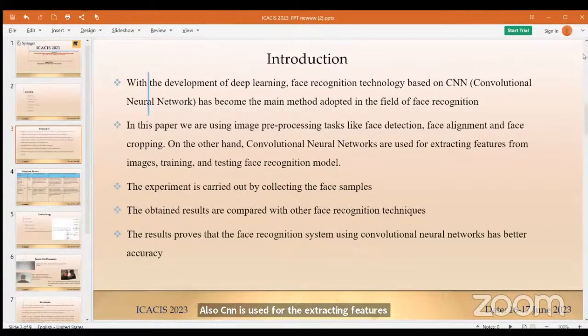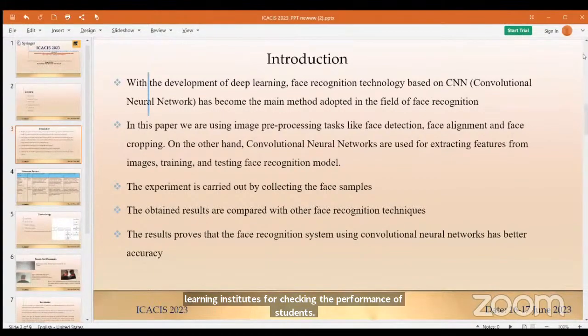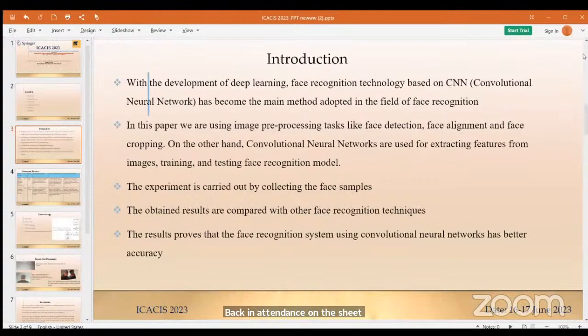from the images. Maintaining attendance is very important in all learning institutes for checking the performance of students. Marking attendance on a sheet manually is very time consuming and inaccurate, as some students often sign for their absent colleagues. This method also makes it very difficult to track the attendance of individual students in a large classroom environment.